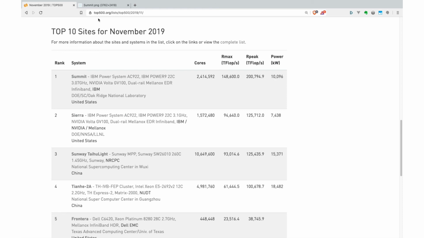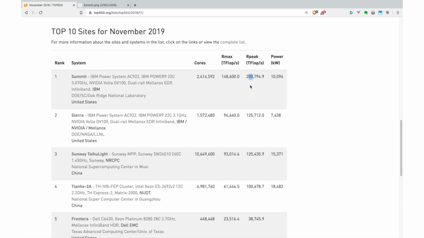It lives at Oak Ridge National Laboratory in Tennessee. It uses IBM Power 9 processors and a whole boatload of NVIDIA GPUs. You can see from the core numbers that there are 2.4 million cores in this one computer. And it achieves an Rmax of 148,000 teraflops per second. So it's extraordinarily fast.